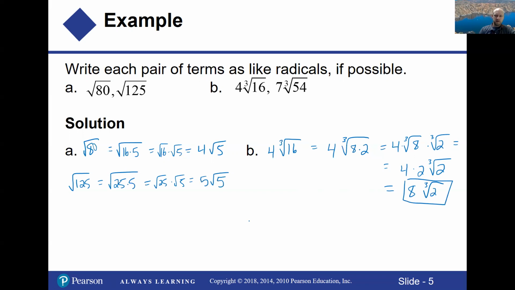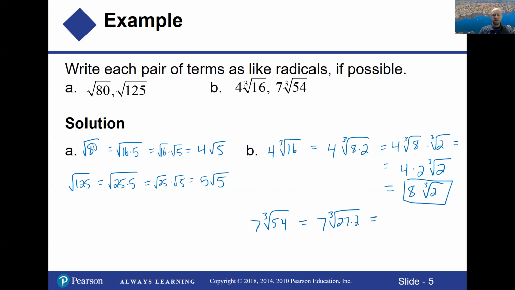Okay, and then let's see if we can do the other one. So let's try to write 7 cube root of 54 so that we have a cube root of 2 there. So let's break down, I'm really trying to not skip steps there. But anyway, 54 breaks down into 27 times 2.